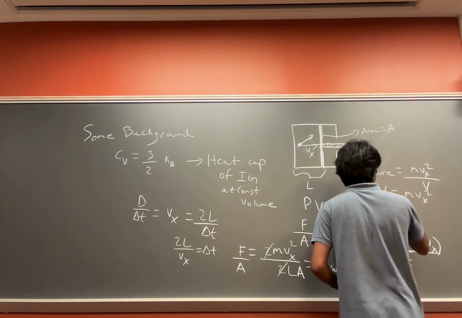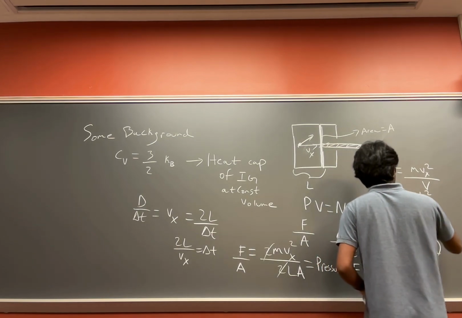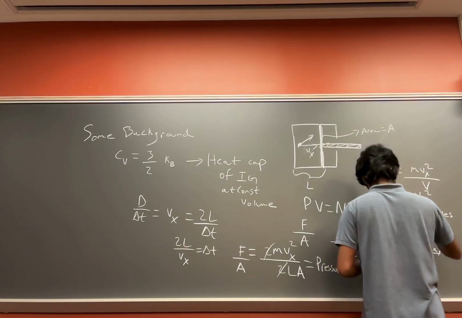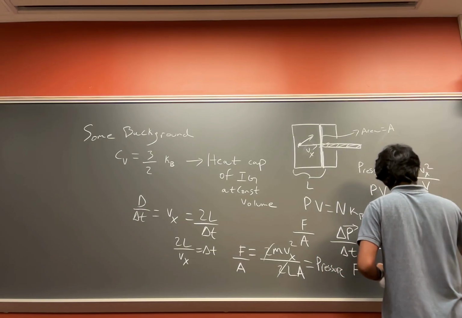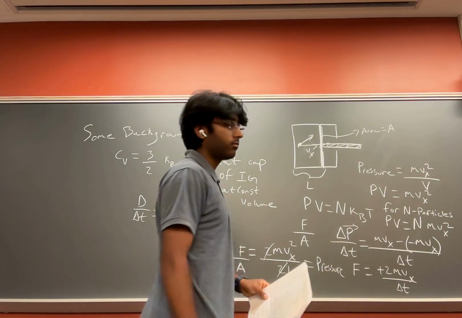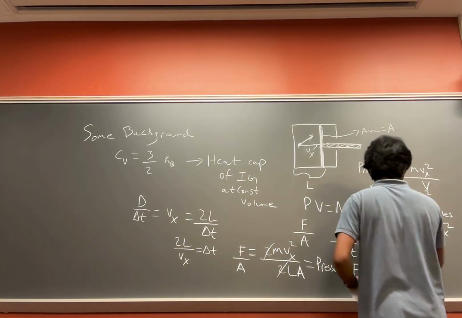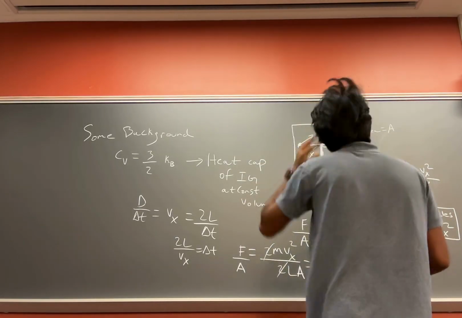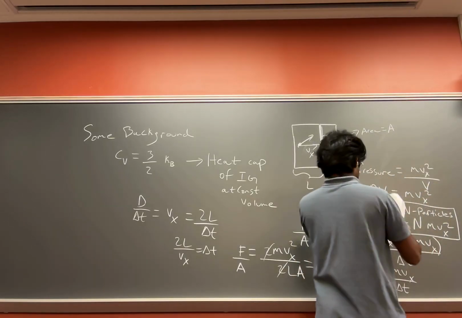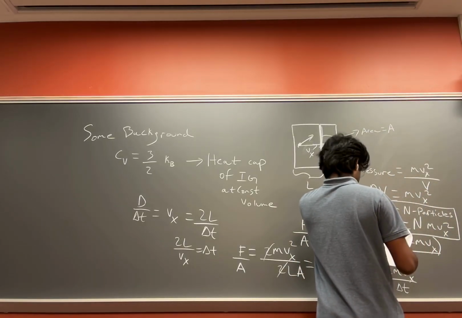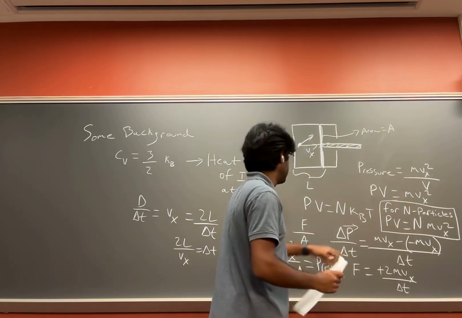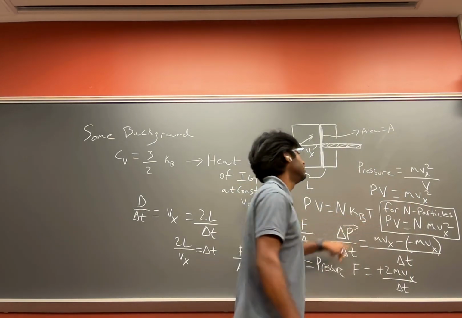So for n particles, PV equals n times mVx squared. Now PV is also equal to n kBT from the ideal gas law.